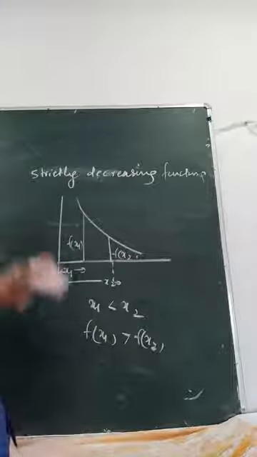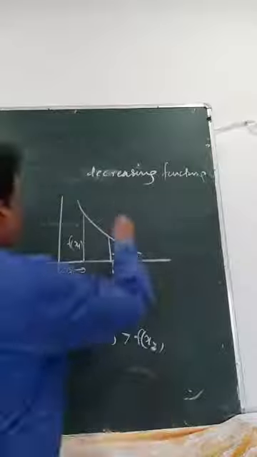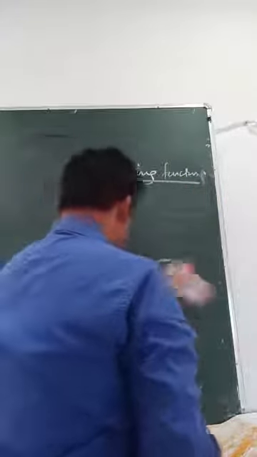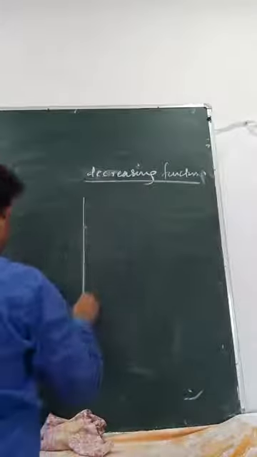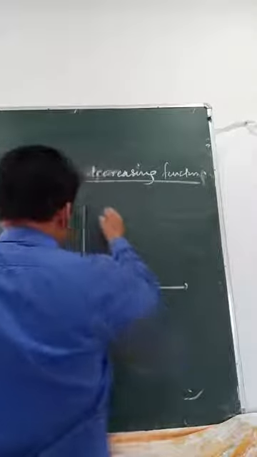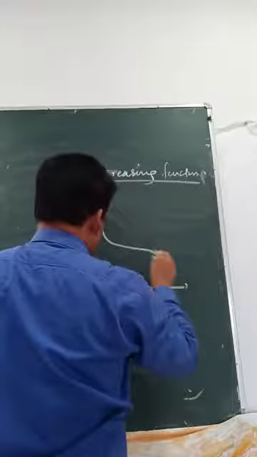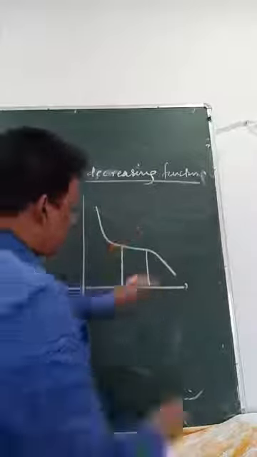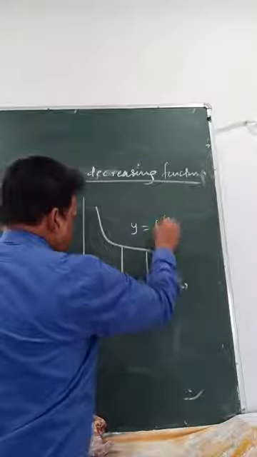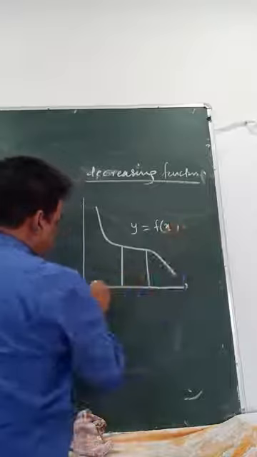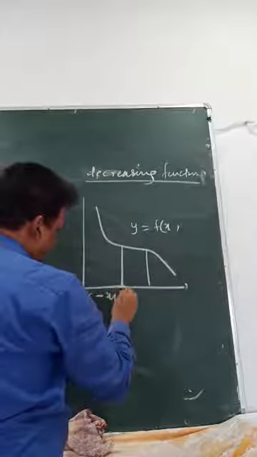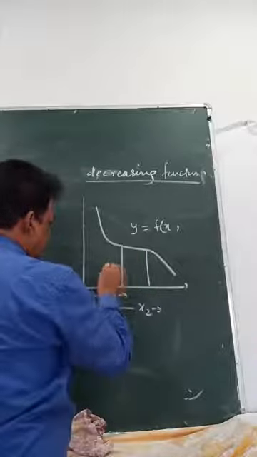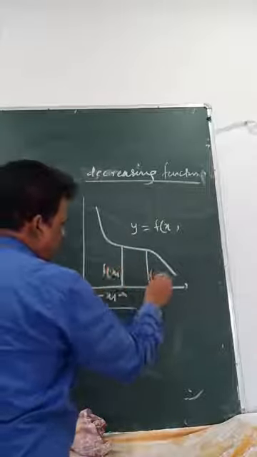If I say only decreasing function, then you find, see these two portions. Tendency is decreasing, but your x1 smaller than x2, but f(x1) and f(x2) both are equal.